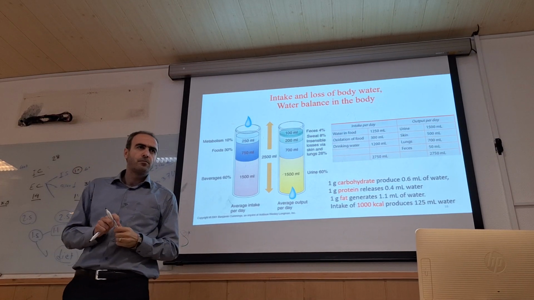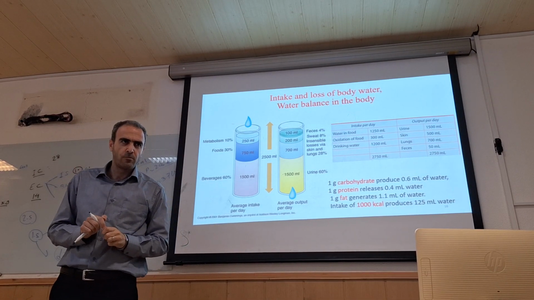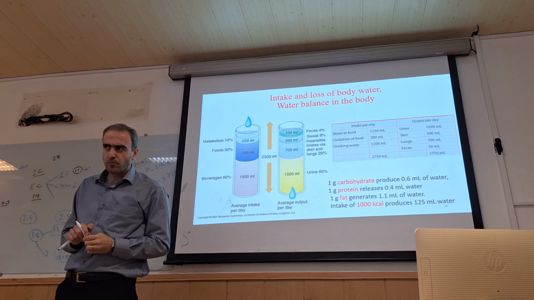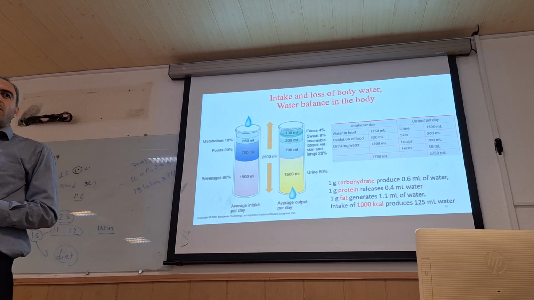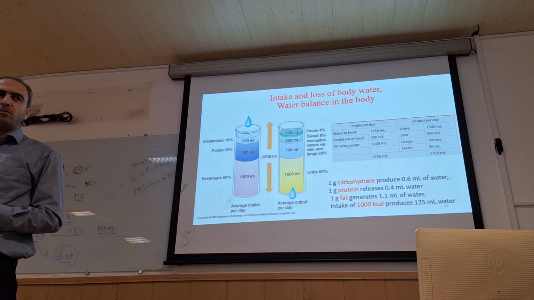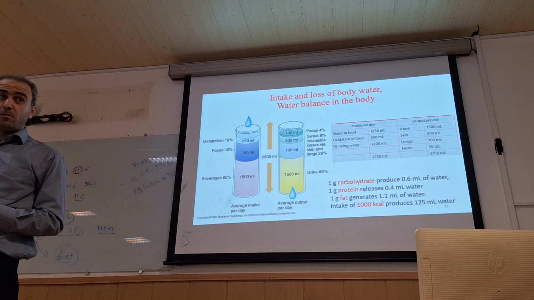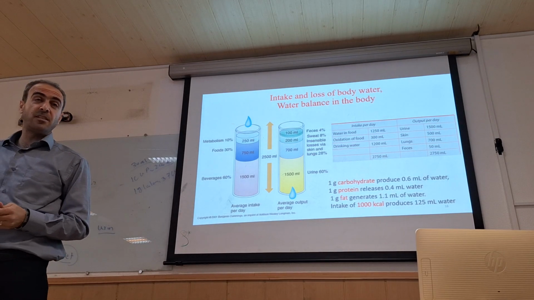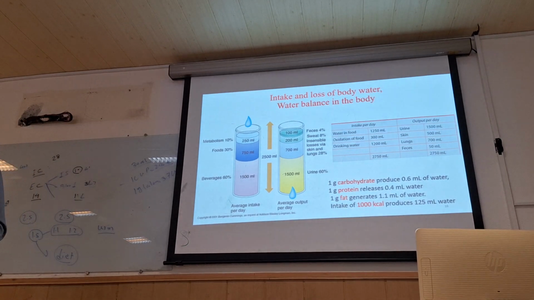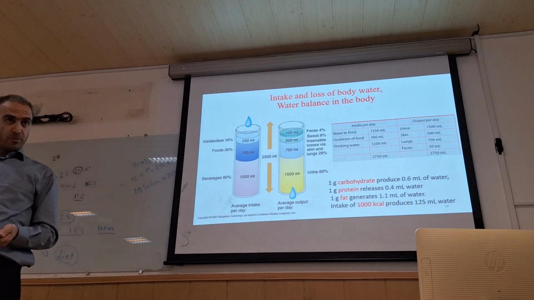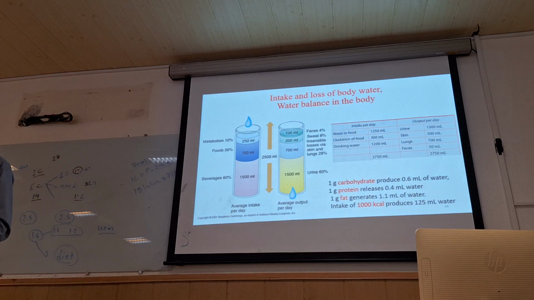Yes, from digestion, water is formed. I think it's from the electron transport chain, and also from the digestion of lipids. Yes, exactly. During lipid breakdown we produce water, and during oxidative phosphorylation we also produce water at the end of the ETC, the electron transport chain.